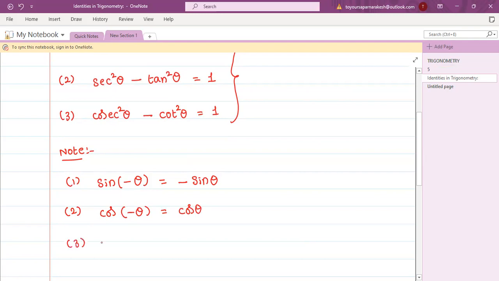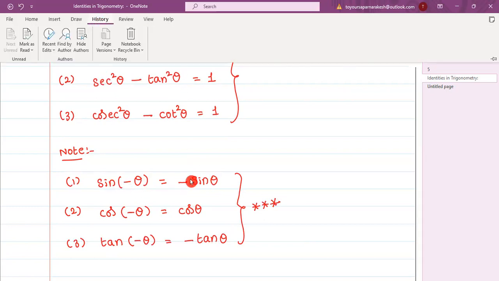Third, tan of minus theta is equal to minus tan theta. So sine of minus theta is minus sine theta, cos of minus theta is cos theta, tan of minus theta is minus tan theta.